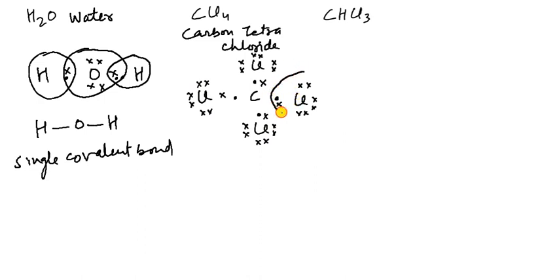What is in this? So 1, 2, 3, 4, 5, 6 and 7. And in this is 1, 2, 3, 4, 5, 6 and 7. And now they share the electrons with the carbon atom.